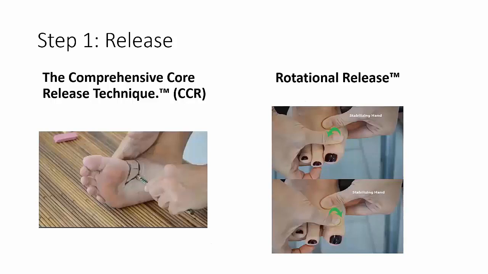It's just less obvious. There are 2 release techniques that I teach. One is the comprehensive core release technique, and the other is called rotational release. The comprehensive core release technique is highly specific. If you notice, I'm using a pencil eraser head there. We can show you how easy it is in a little bit. Why it's so effective is because we have these tiny little joints in the foot.